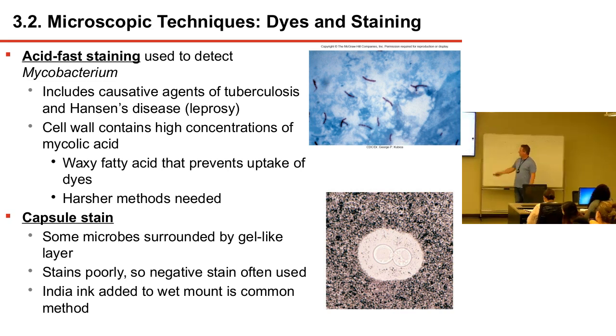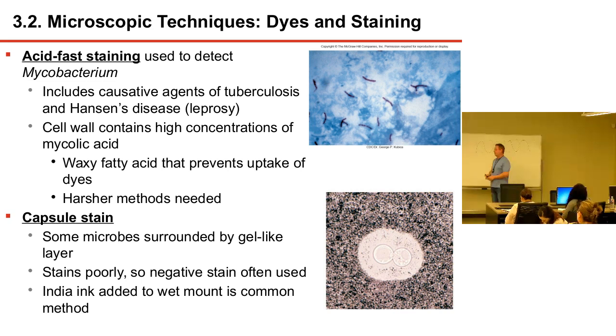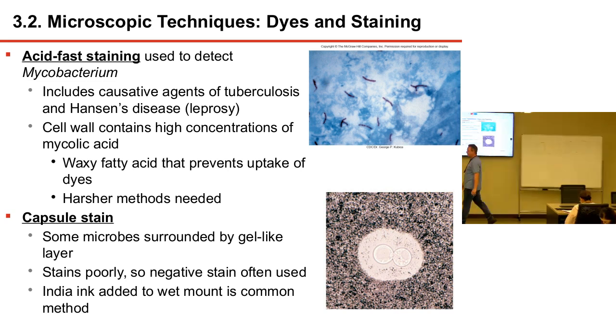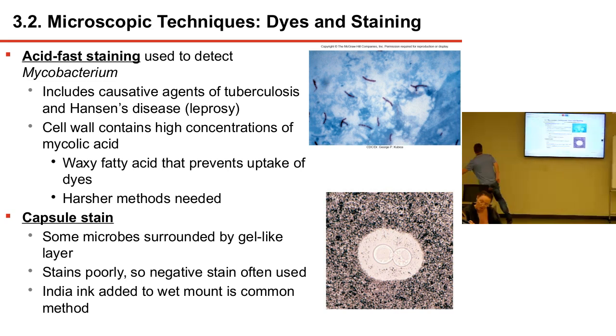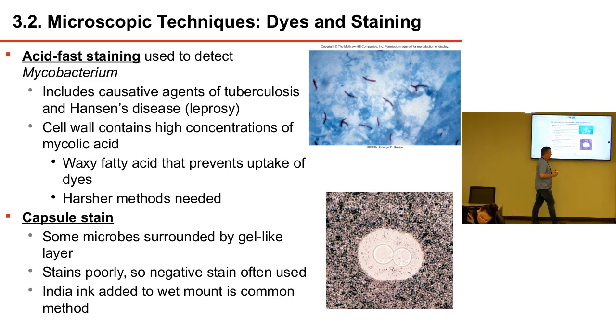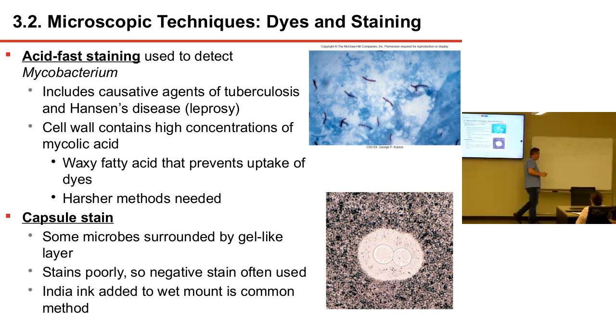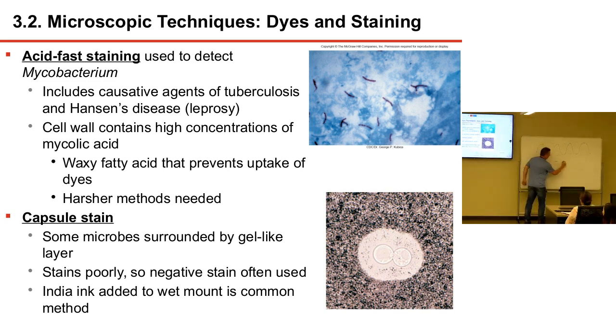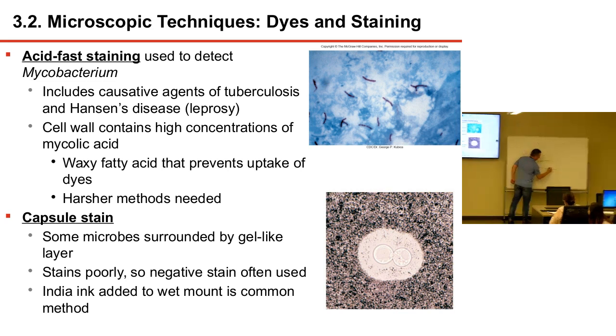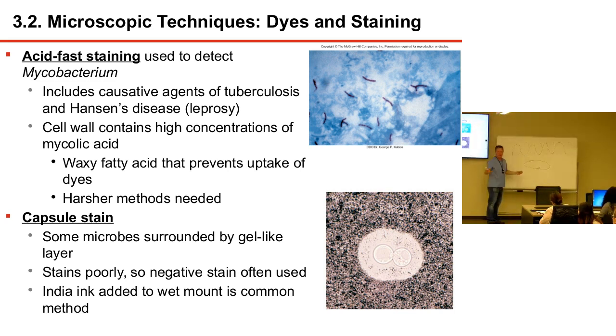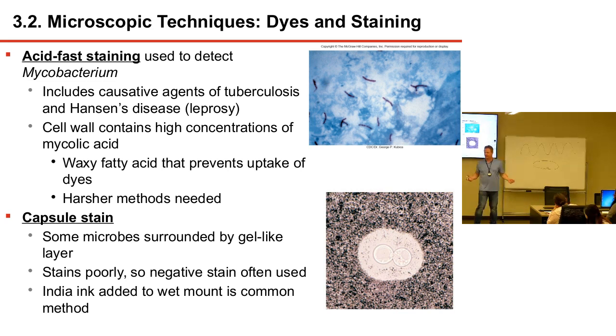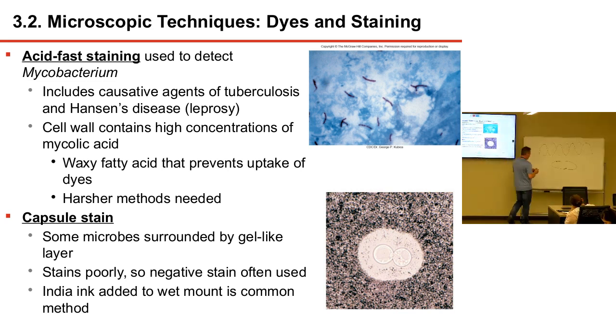So the next one is the capsule stain. On top of having the cell wall, some bacteria will actually have a capsule going around the outside too. So we have a bacteria. We have the phospholipid bilayer, right? Every cell has a phospholipid bilayer. That's what you've learned since freshman biology.